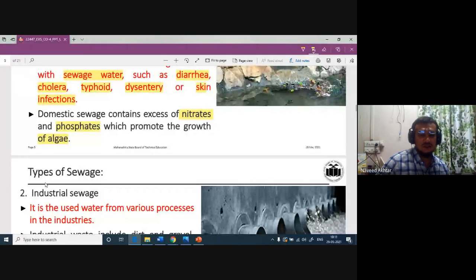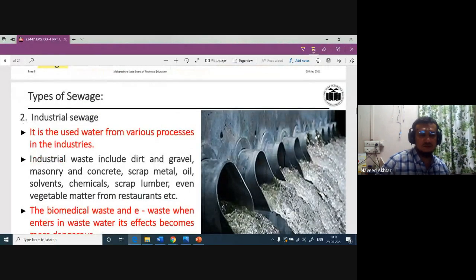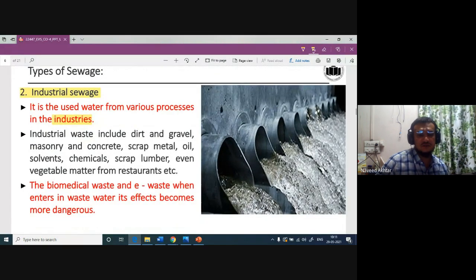Then the second type is the industrial sewage. It is used water from various processes of the industries, including dirt and gravel, masonry and concrete, scrap metal from metal industries, oil, solvents, chemicals, even vegetable matter from restaurants, etc. These are industrial waste.